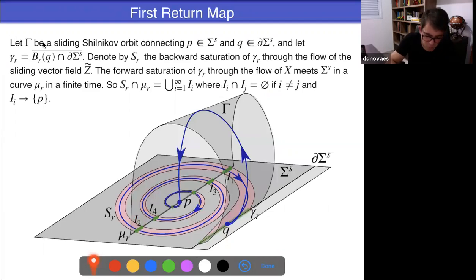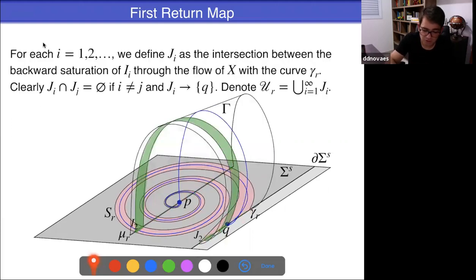Okay, so for each one of these segments, we consider the inverse image by the diffeomorphism defined between gamma R and mu R. Since this intersection is transversal, of course, we can define a diffeomorphism between these two curves. And for each one, we consider the inverse image and we define the segments J's. So for each i, we have a Ji defined here.